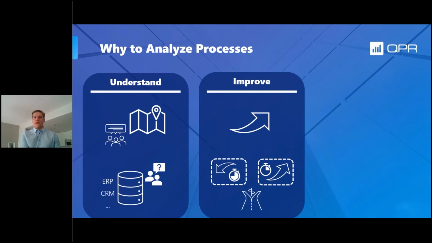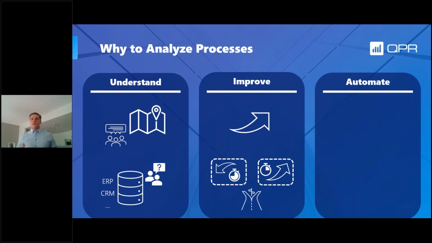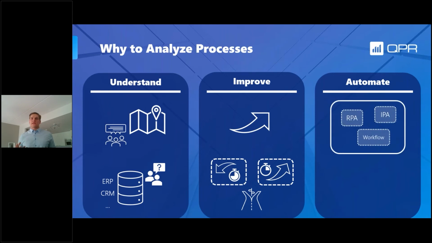By improving first, you are then able to automate more efficiently. Process analysis for automation is also important, because when you are automating, you need to decide which method of automation you want to go with first. For example, there's robotic process automation, intelligent process automation, and workflow automation.